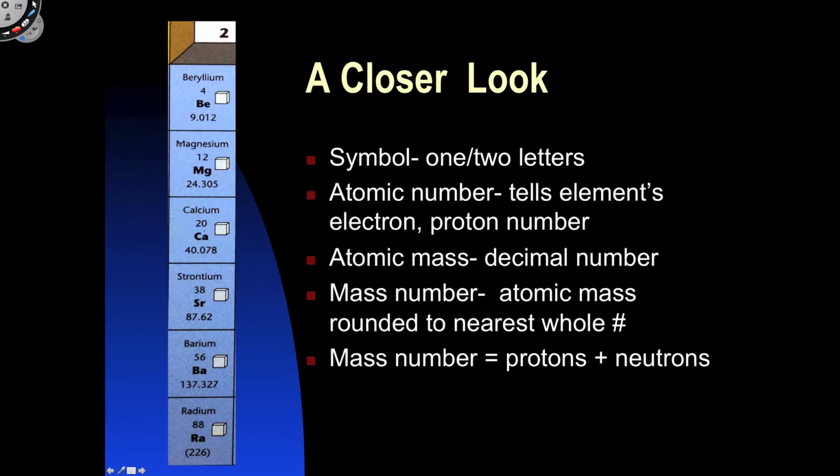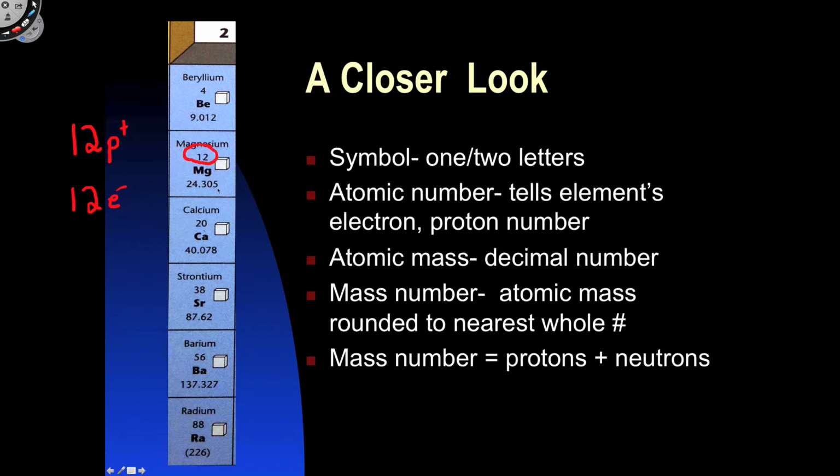All right, the atomic number tells you how many protons and electrons an element has. So if we were talking about magnesium, it has 12 protons. We typically will show protons with a little plus sign because they're positively charged. It has 12 electrons, and we show electron symbol with a little negative sign.